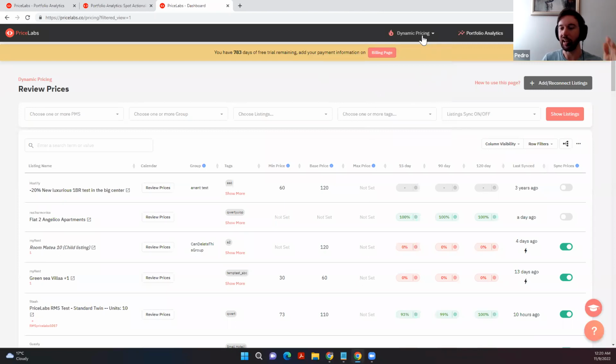Once you add this offset, it applies to all of your prices. So you can say the US dollar is 10% higher than the Canadian dollar, or apply a 10% offset on the Canadian dollar prices. That's one way of doing it.